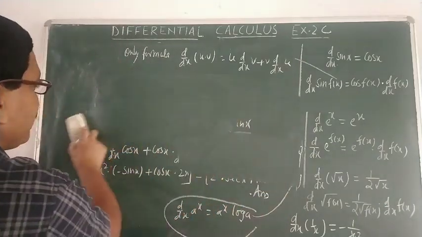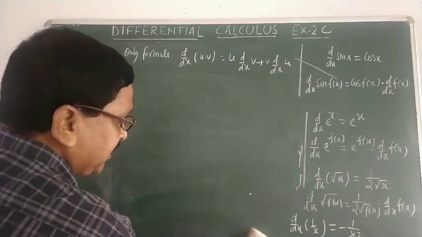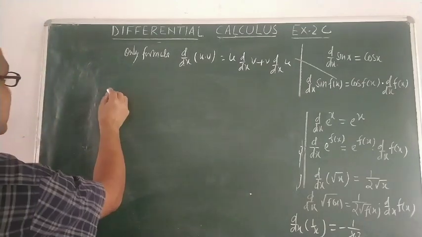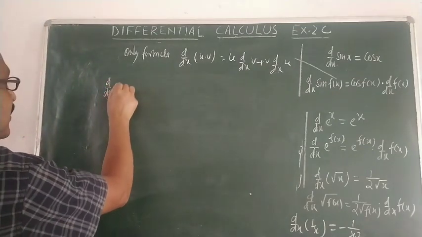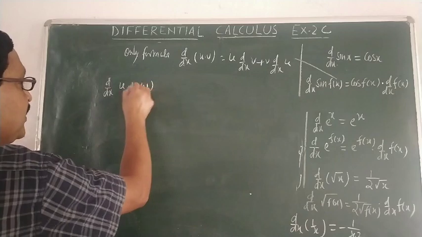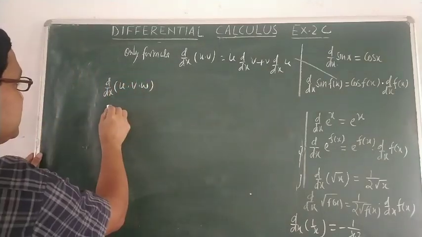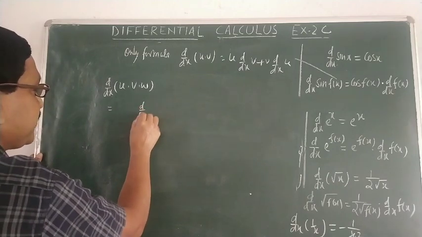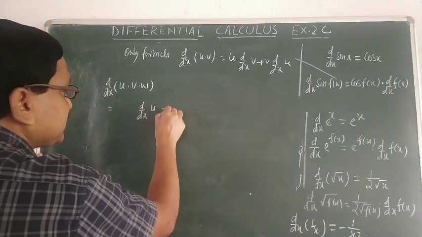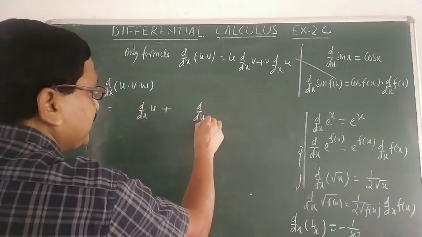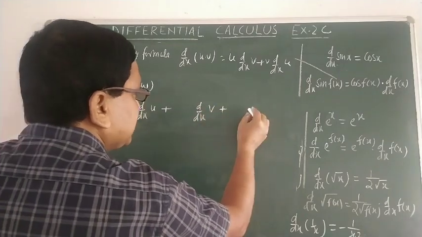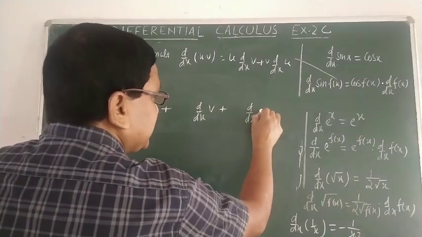And lastly, one more formula I would like to discuss, for product of three functions, d by dx of uvw. If there are three functions, you can do two fast. So this is d by dx of u plus d by dx of v plus d by dx of w.